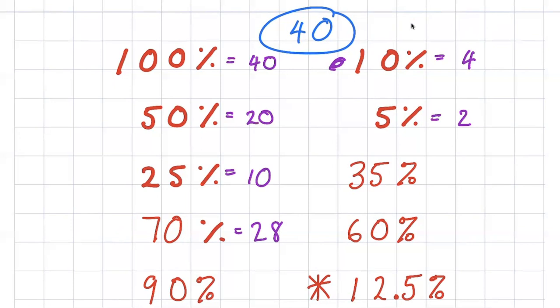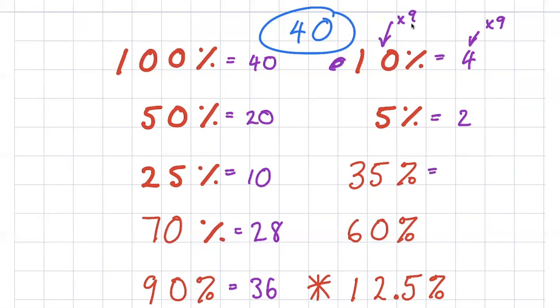Or if you want to, some people think a bit more laterally, you could take the 100% amount here and you could take away the value of 10. That's up to you. But personally, I like to stick to one method. So I'm going to do 10% times by 9. So this bit times by 9 and this bit times by 9. 4 times 9 is 36. And so that means that 90% of 40 is 36.